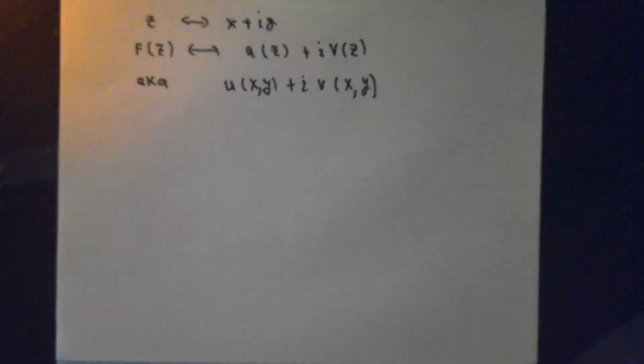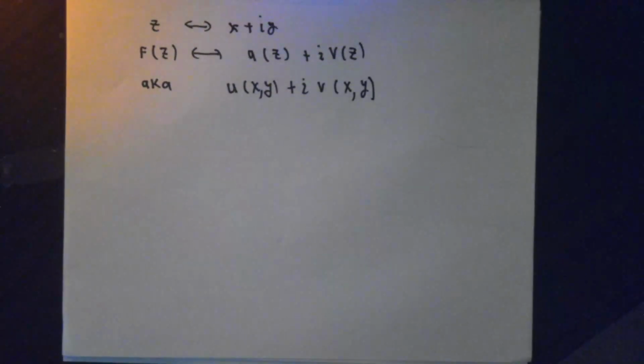In an effort to be more relatable, given a complex number z, I can think of it as being a real number x plus i times some other real number y. My f of z I could think of then as being f of something that depends on 2 real numbers.